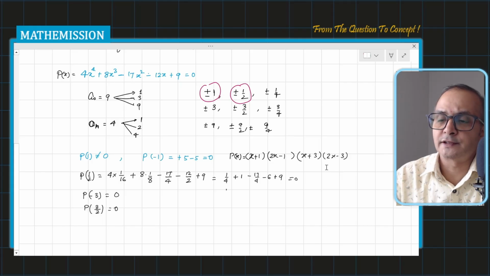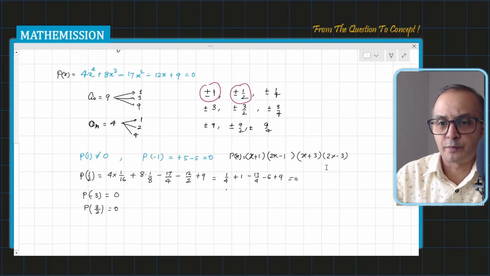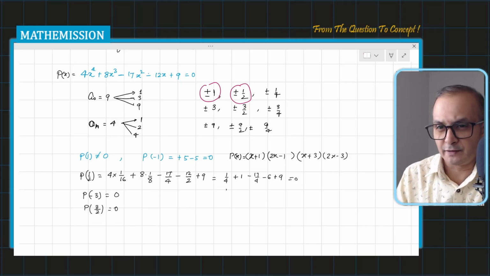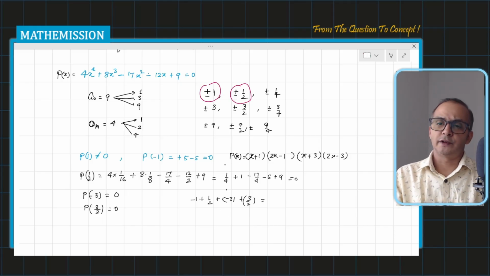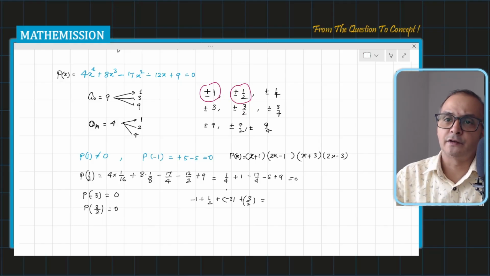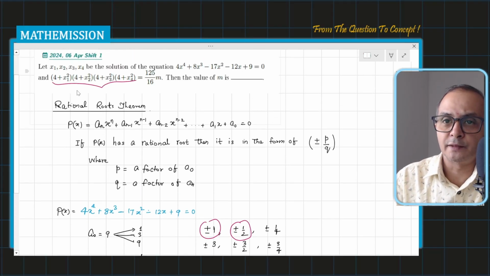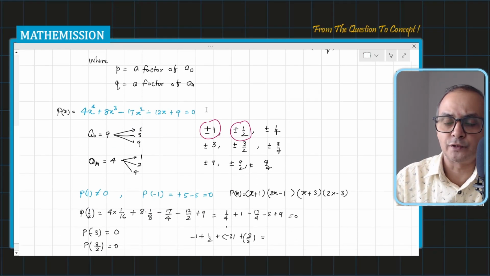You can also check the sum of roots and the product of roots. So the sum of roots we can find by using minus 1, plus 1 by 2, minus 3, and plus 3 by 2. And when we add them, it must be minus 8 by 4. So in this way we can find all the roots, and after that we will substitute these values in place of x1, x2, x3 and x4.